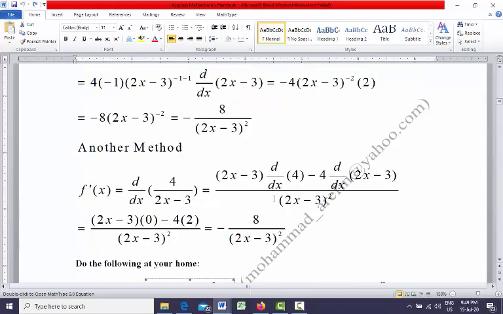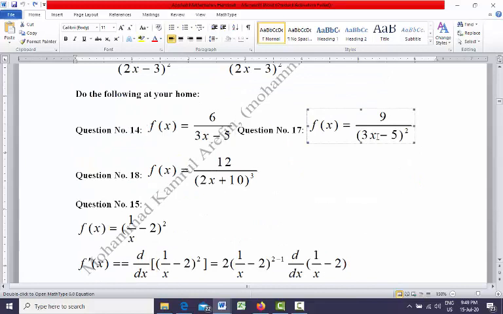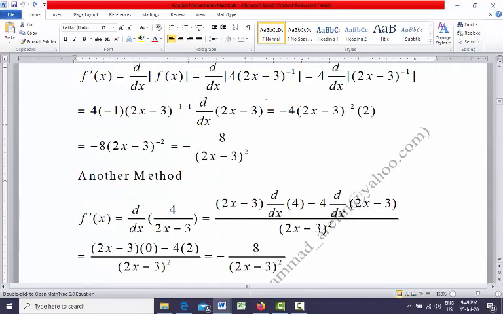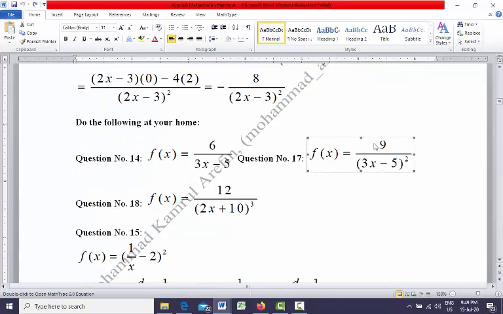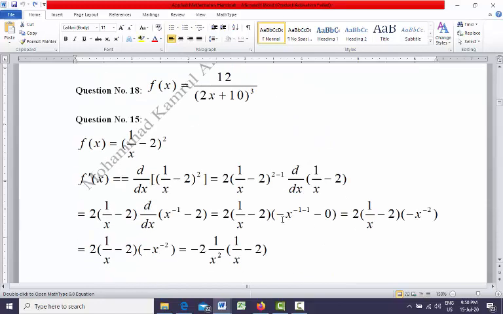You may use the division rule also. So you solve question number 14, question number 15, 16, 17 at your home. Similarly, you solve question number 18 also at your home.